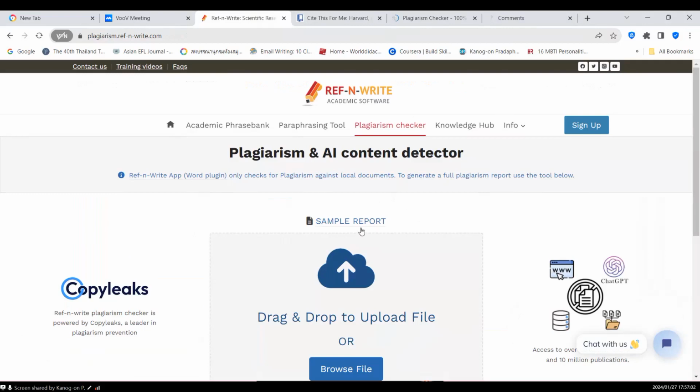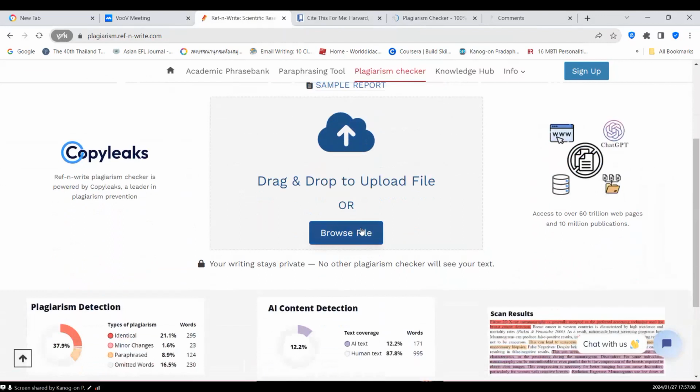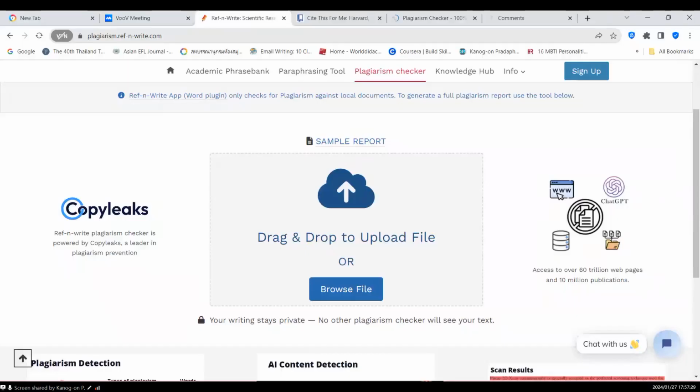You can just drop your file here, and it shows how many minor changes you need.